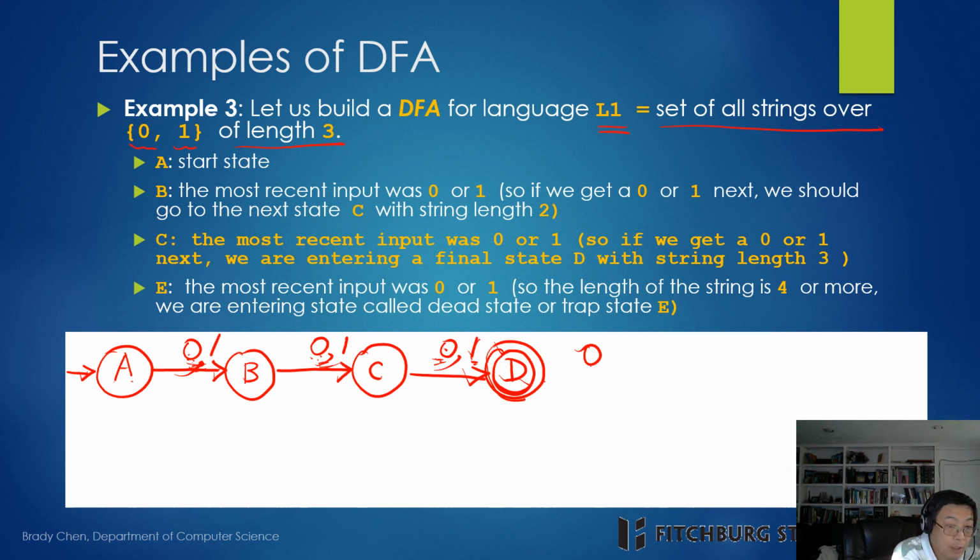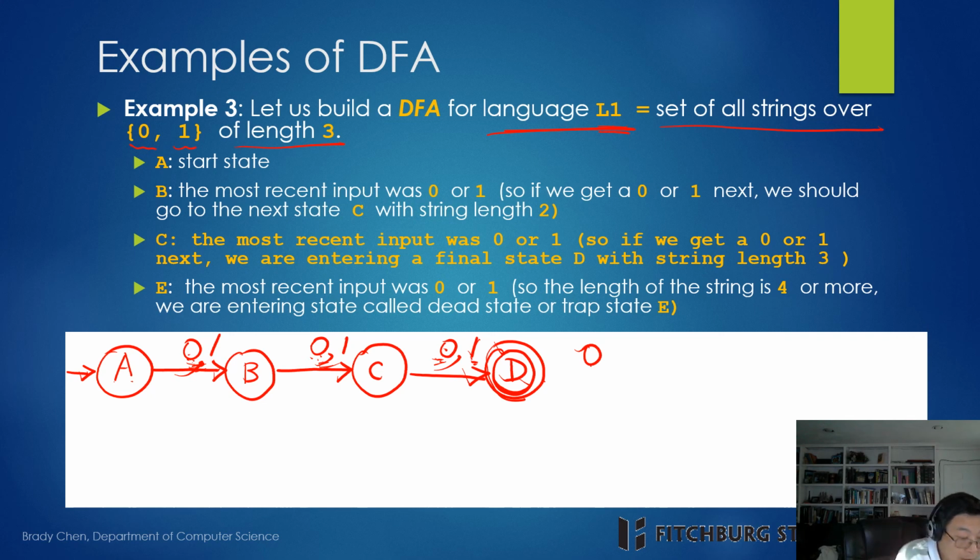So now the string is of length 4, not 3, right? Length 4 is not in this language L1. So that means this string is not an accepting string.